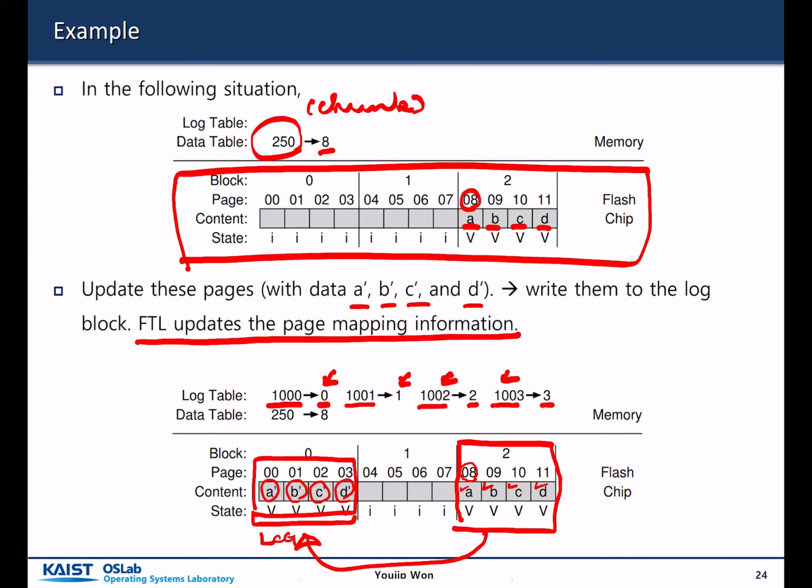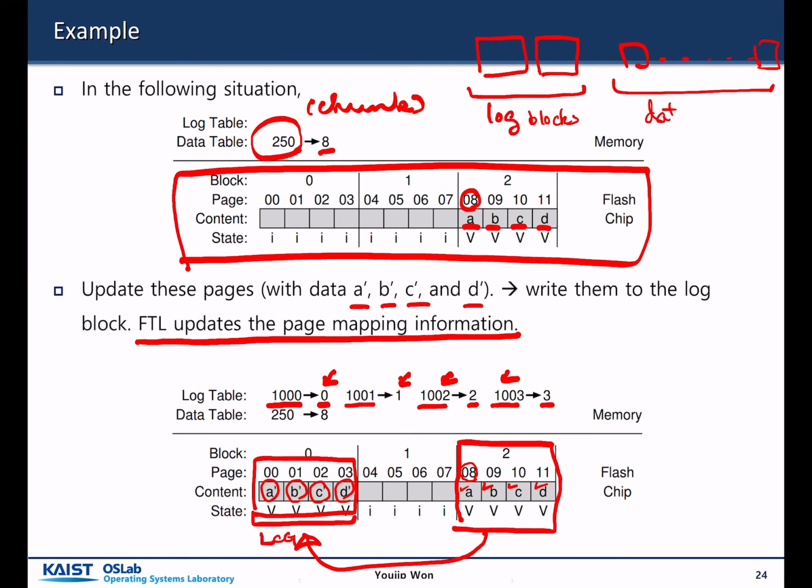All right. So this is how the pages in the hybrid mapping are updated. As I mentioned at the beginning, there are a small number of log blocks, and there are a bunch of data blocks.